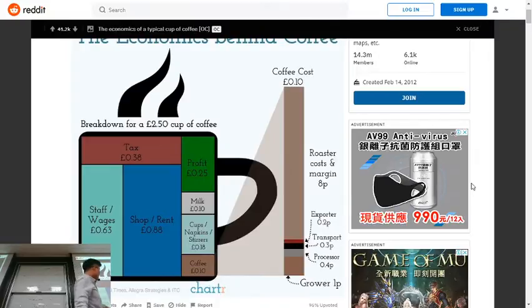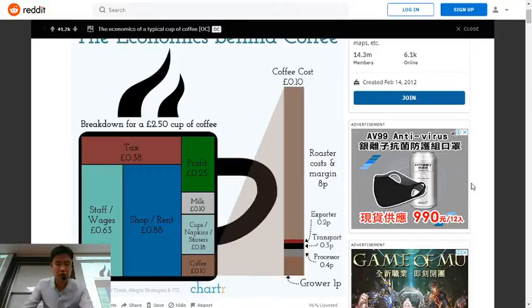What are the others? Even the napkins account for more than coffee beans. Milk is pretty close, 0.1. And the profit, yes, we have the profit here, I'm sorry. The profit here is 0.25. So what is the overall profit margin?